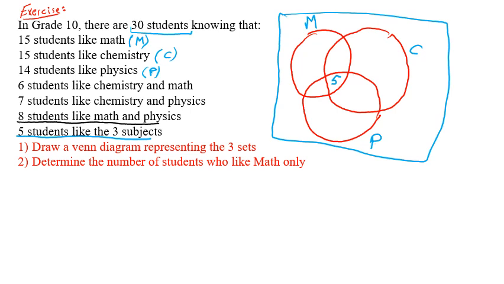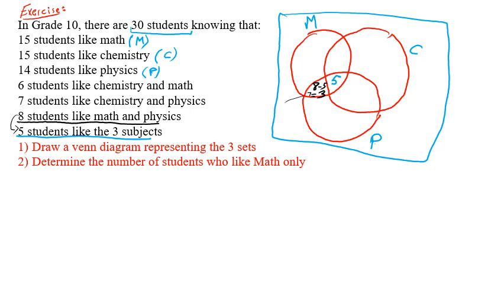We have 8 students, but we should subtract 5 from this 8, since this 5 is already between math and physics. So here we have 8 minus 5, which is equal to 3.